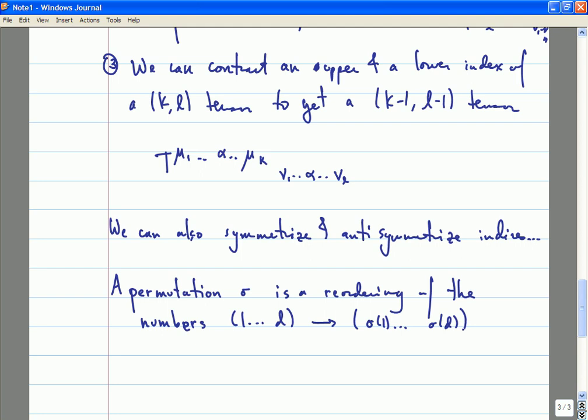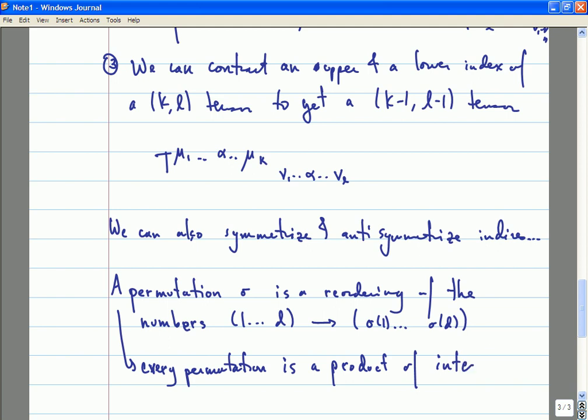And it's a special fact about permutations that every permutation is a product of interchanges, where you just interchange pairs of elements.